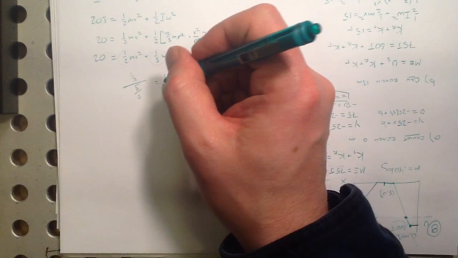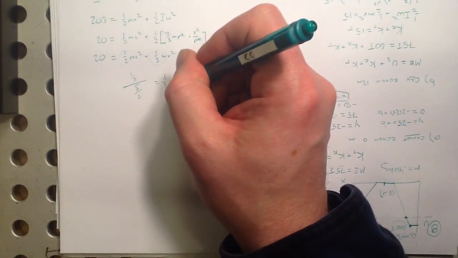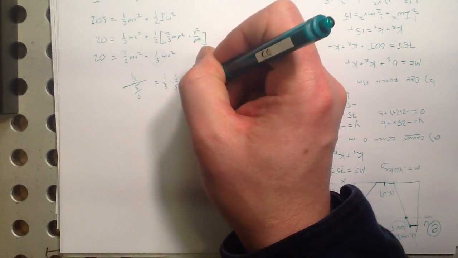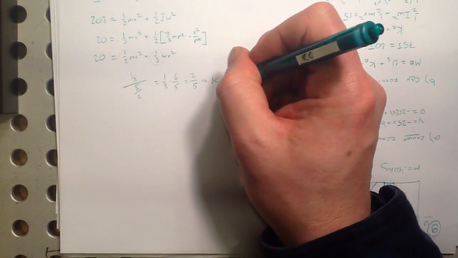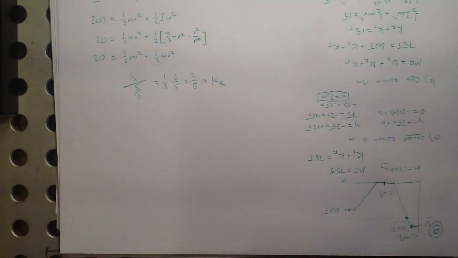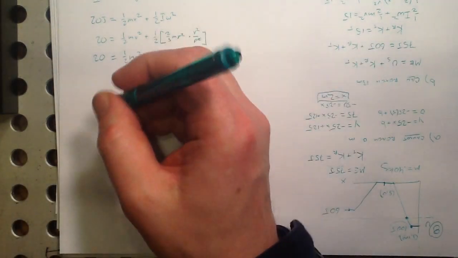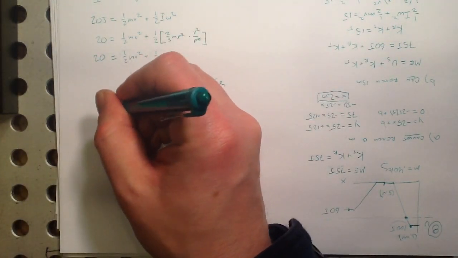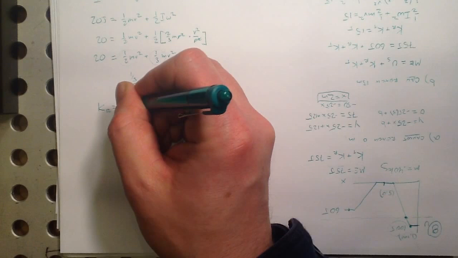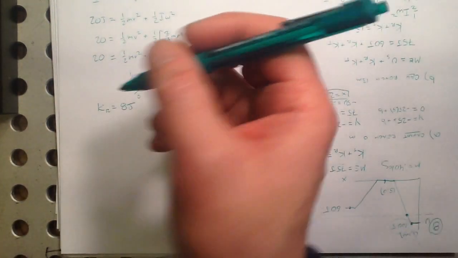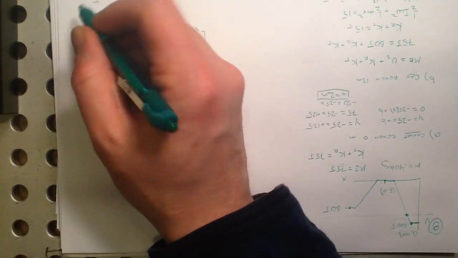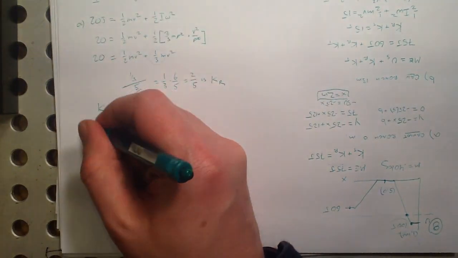So 2/5 of it is rotational, and 2/5 of 20 is 8. So 8 joules of rotational energy. That's part A. I guess all of this was kind of part A, right?